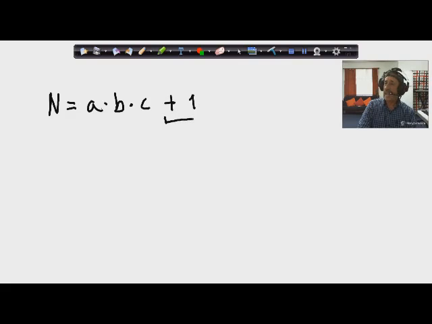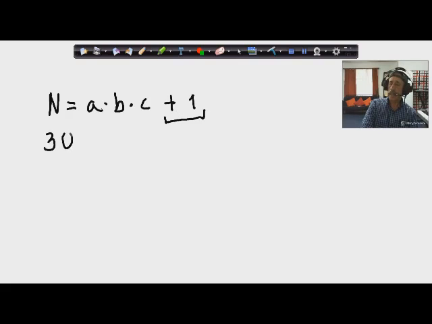Because of having added 1, now neither A, B, or C is a factor or divisor of n. For when we divide n by A or B or C, we get a remainder of 1, not a remainder of 0.